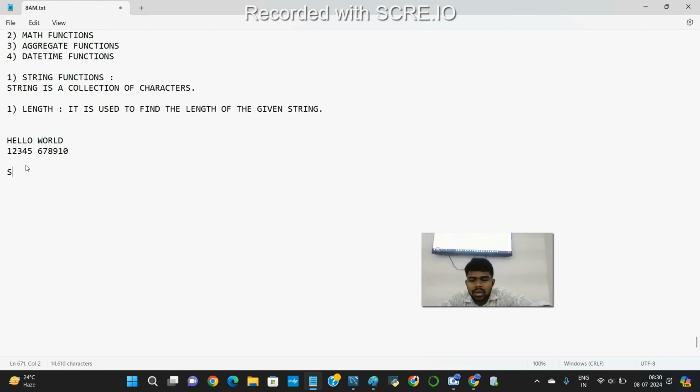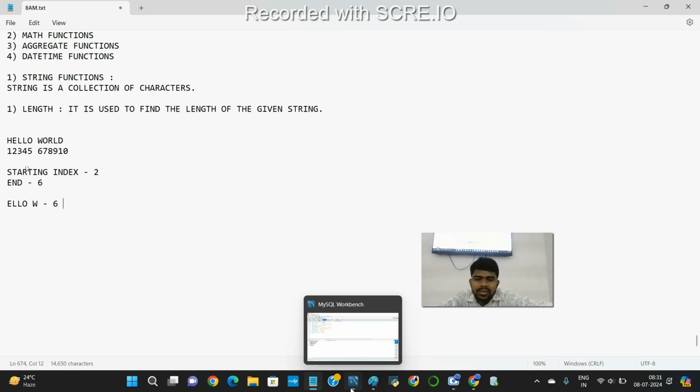That is the starting index. It is a one-based index. The starting index is 2 and the ending index is 6. I want to get this string, that is ello and a space, up to W. What is the length? 1, 2, 3, 4, 5, 6 including the space. So the length of this string is 6 characters.